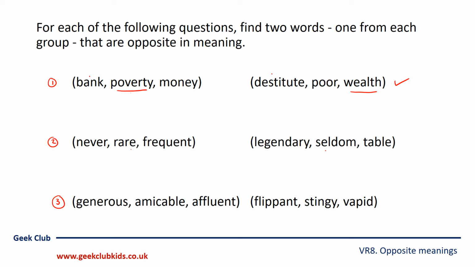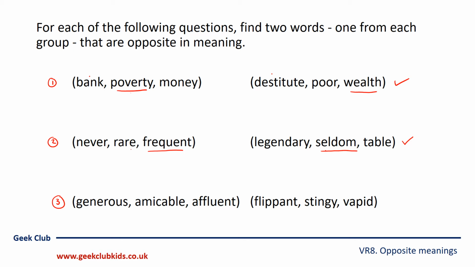And rare and table, well, they're totally different. Frequent, so that means something that happens a lot. And legendary, no, they don't mean opposite things. Frequent and seldom, well, we've just said that seldom means not very often. So actually that does mean the opposite of frequent. And frequent and table, no, they're just different words. So frequent and seldom here would be the two words that are opposite in meaning.